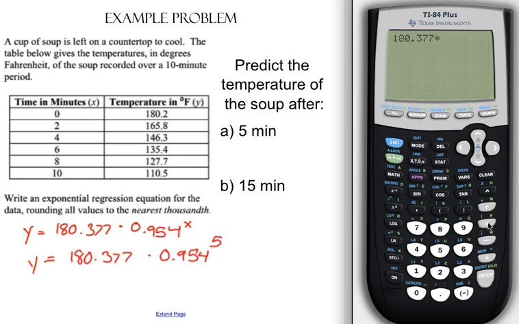There is no reason for me to try and do this in my head or on paper. It is too much. Remember that when you are entering in an exponent, use the caret above the division symbol, and we want this raised to the 5th power. And if we hit enter, we are given a value.